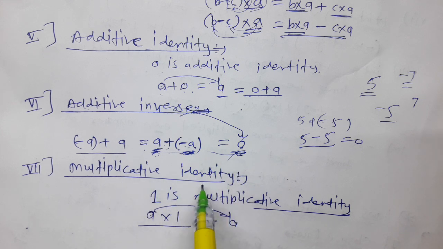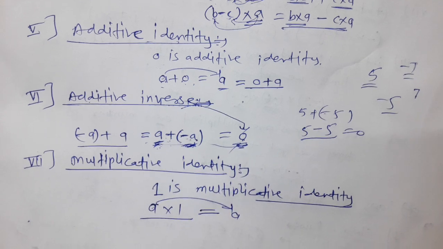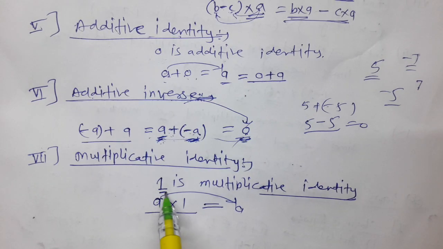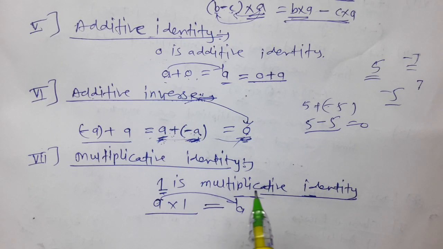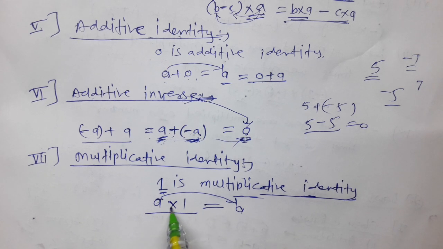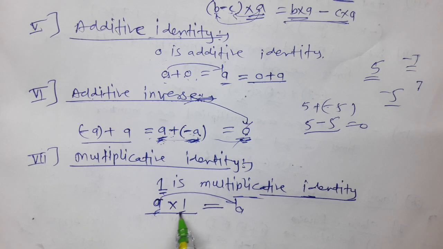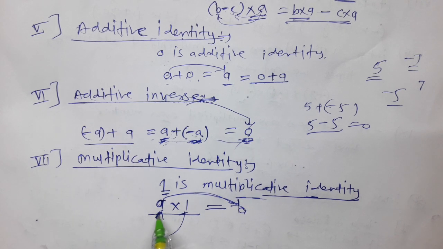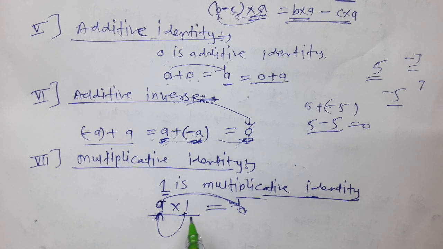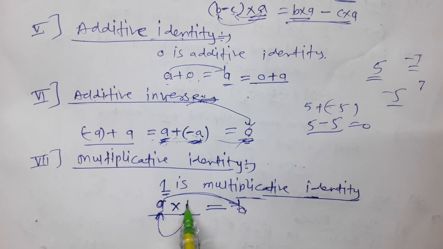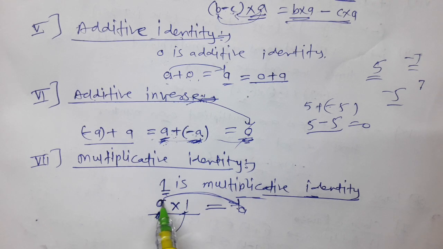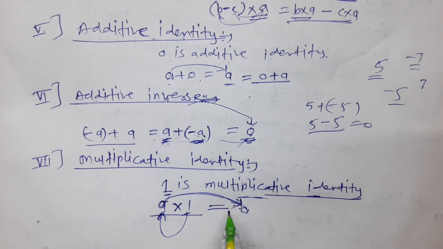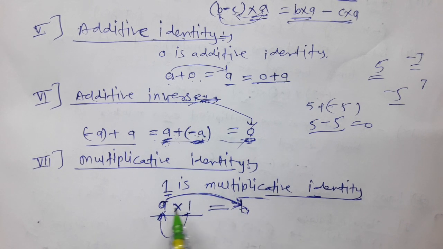Now the multiplicative identity. We know that 1 is the multiplicative identity, because if we multiply any number by 1, we are getting the number itself. So after multiplying any number by 1, the identity of that number remains unchanged.